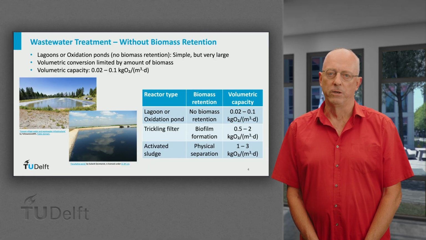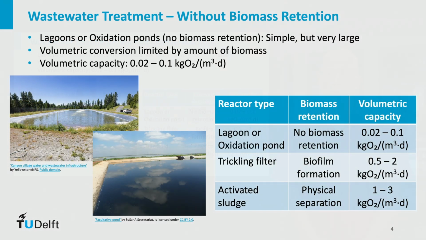Let's look at a real-world comparison. The simplest form of wastewater treatment is the lagoon or oxidation pond, often used in more rural areas. These are large artificial lakes with some aeration but no biomass retention. The bacteria grow only as fast as the wastewater allows, limiting treatment efficiency.